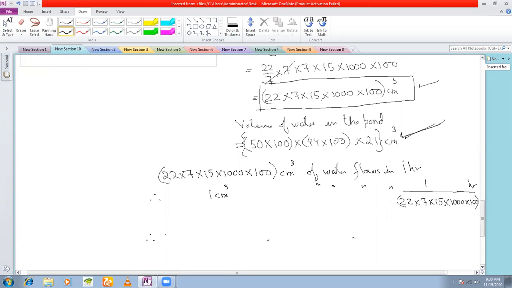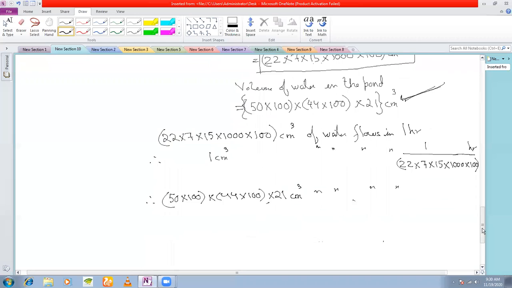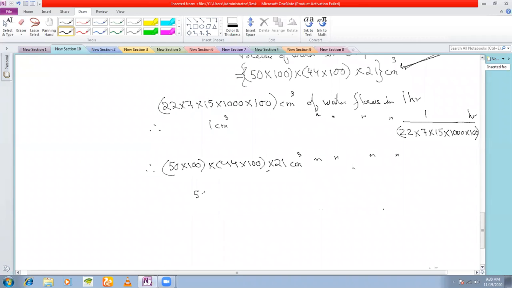So 50 into 100 into 44 into 100 into 21 centimeter cube of water flows in how much time? 50 into 100 into 44 into 100 into 21 divided by 22 by 7 into 15 into 1000 into 100.